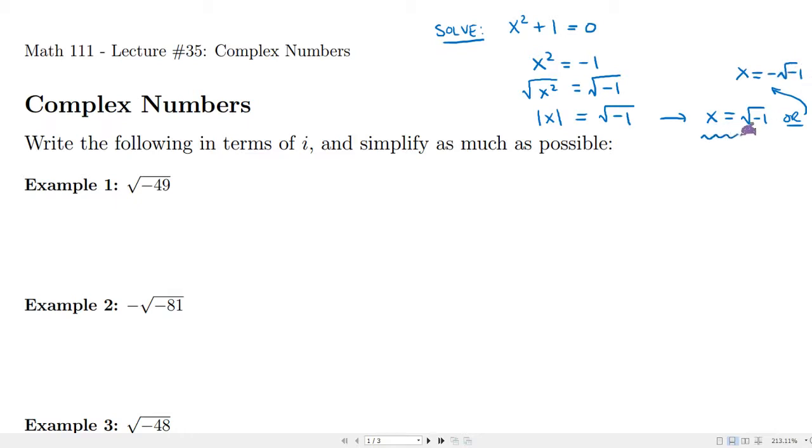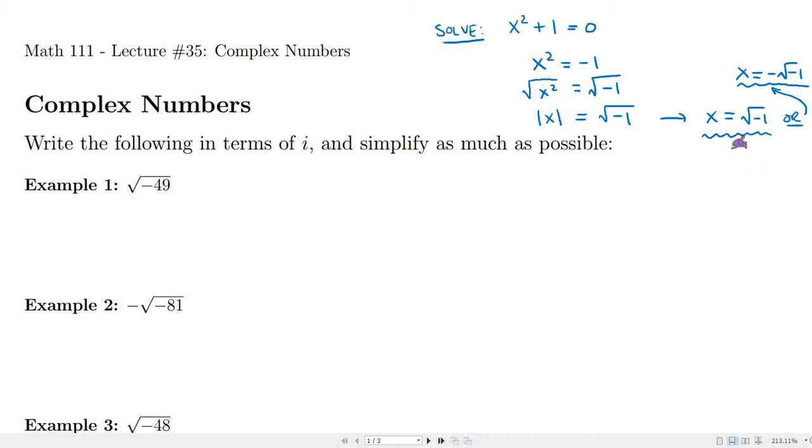But here's the interesting thing. You want to take the square root of a negative number. Well, that's going to present an issue if you're trying to find a real number, because if you were to find one, then I should be able to square it and get negative 1. However, you're not going to be able to find a real number that you can square and get a negative, because we know that if you square anything, it should be non-negative.